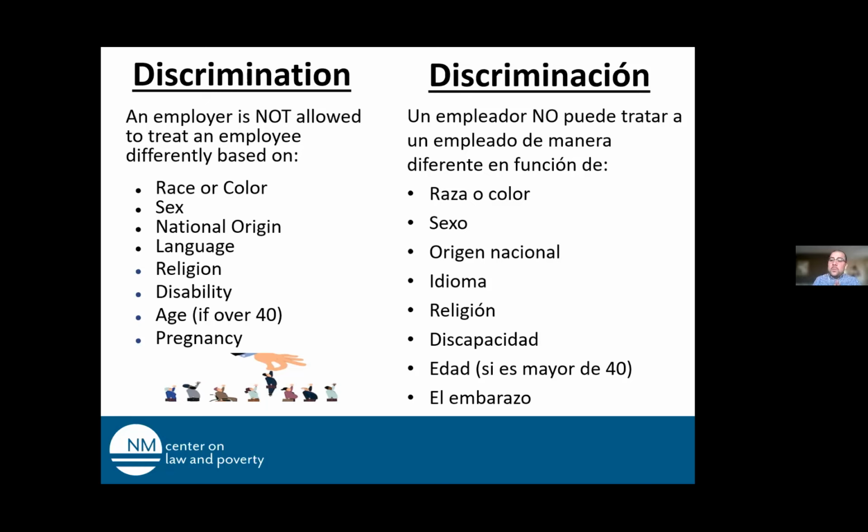One important thing to mention here is that these are the characteristics that an employer cannot use to discriminate against an individual, but they can treat someone differently for other reasons. Oftentimes, I will get calls from workers who are very angry about something that happened and something that may be unjust, right? For instance, a worker may call saying, I painted my hair and my employer doesn't like the hair color that I have and is threatening to fire me.